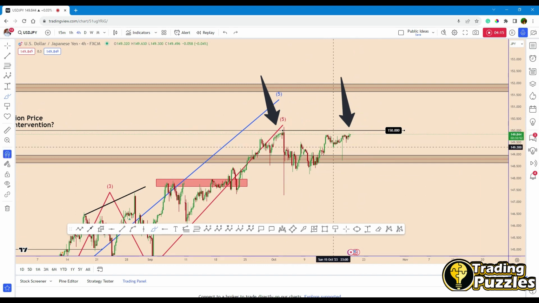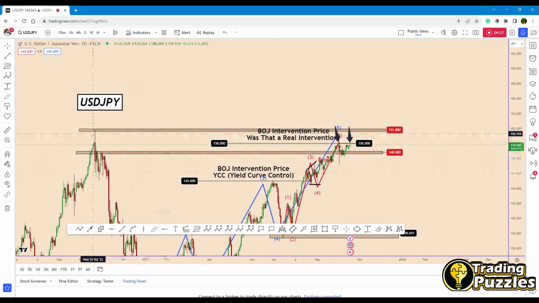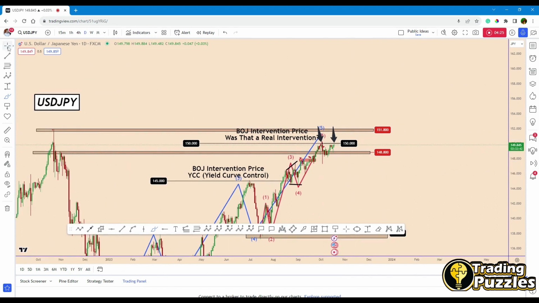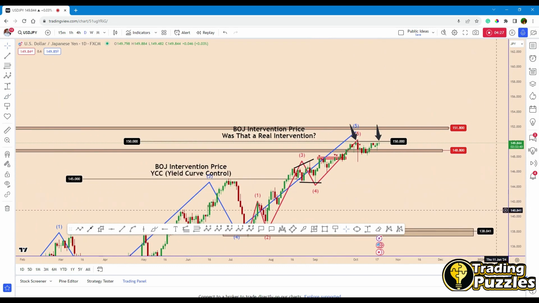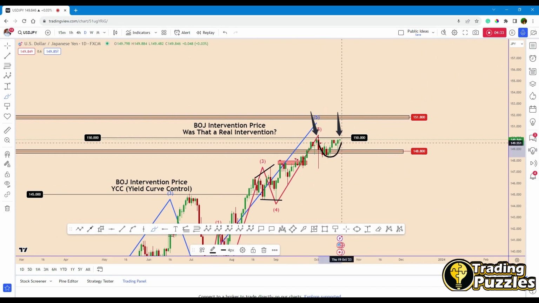However, we have to be careful, considering that we are talking about a very large pattern. If we look at the daily chart, we have to be careful because the price may increase further. What is very strange on this time frame is that it is taking this shape here, and it looks like we may have a type of cup and handle pattern.